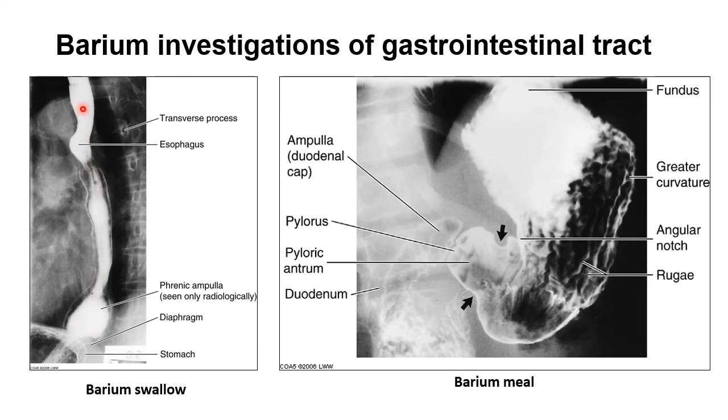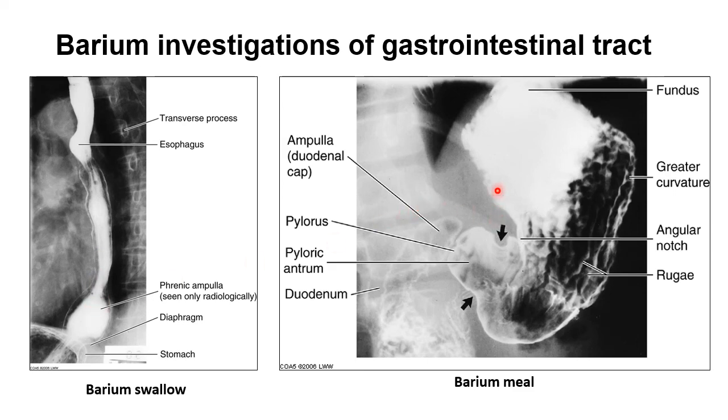So if it only shows the esophagus, this procedure is called barium swallow. While the patient is swallowing the liquid that contains the barium, the X-ray is taken, and this will show you the details of the esophagus.